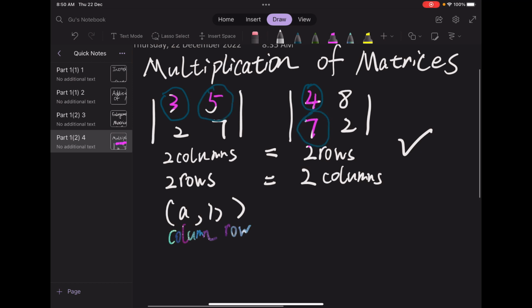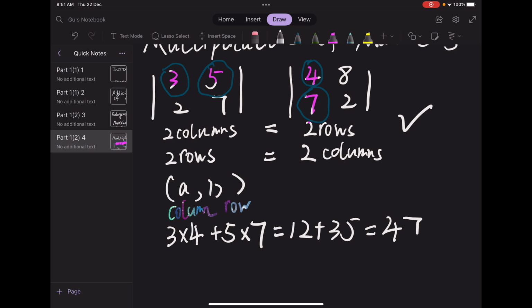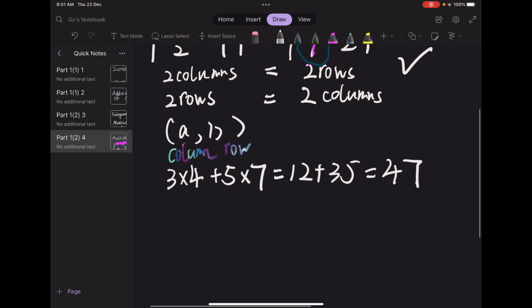And then we add them up, which means it is 3 times 4 plus 5 times 7, which is 12 plus 35 equals 47. So the number in the 1, 1 position in the result is going to be 47.